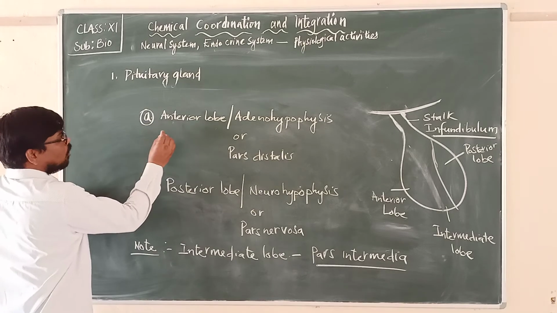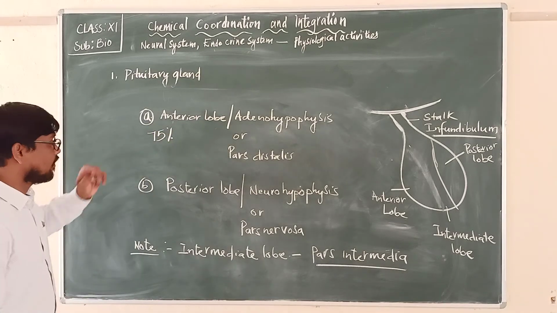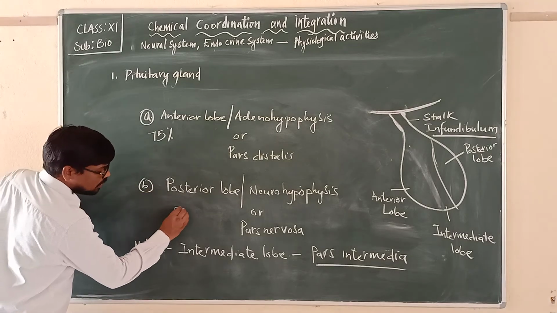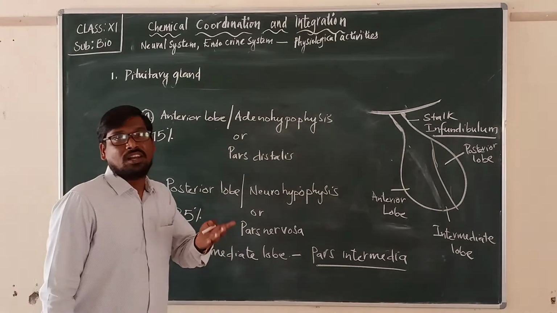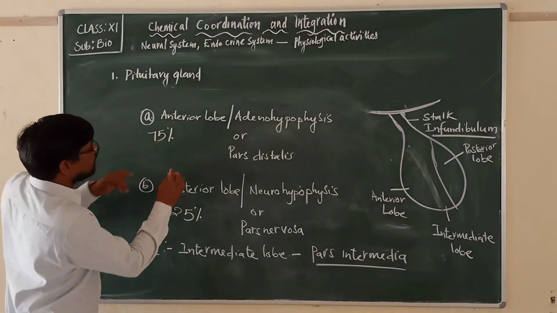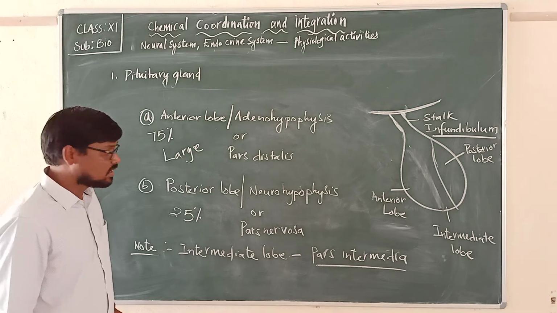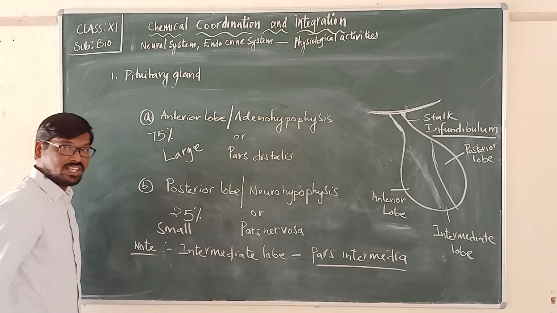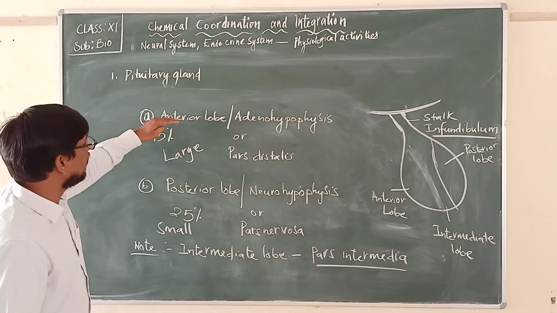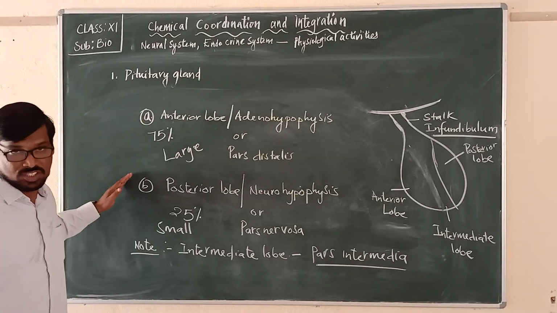So the anterior lobe is about 75%, whereas the posterior lobe is only 25%. Indirectly, we are saying that the anterior lobe is large in size, whereas the posterior lobe is small in size. So in humans, the pituitary gland has two regions.